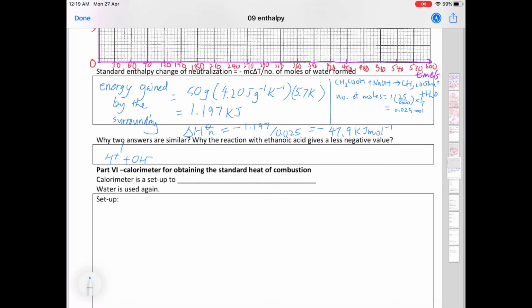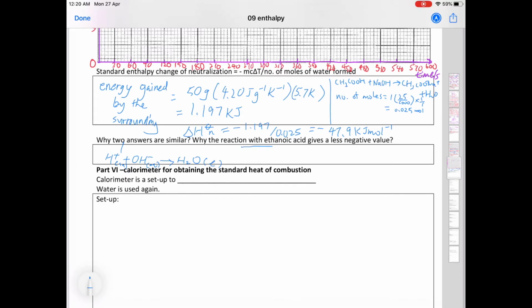Sodium hydroxide provides the hydroxide ion, and the acid provides the H+. And then the ionic equation for both processes is just H+ (aq) plus OH- (aq) to form water, because their reactions are actually the same, so the enthalpy change value should be the same.